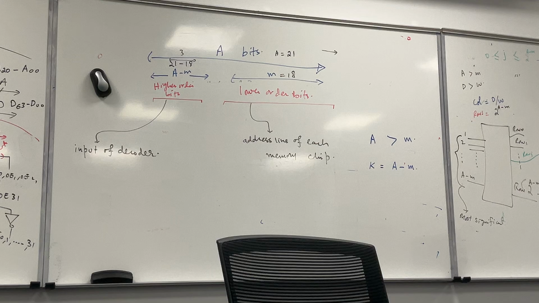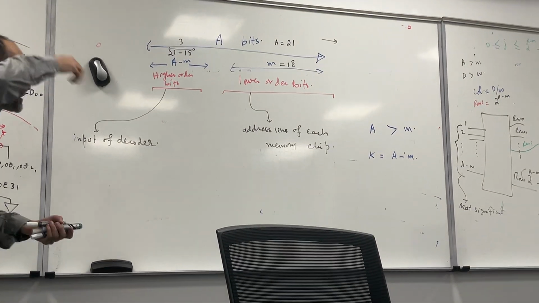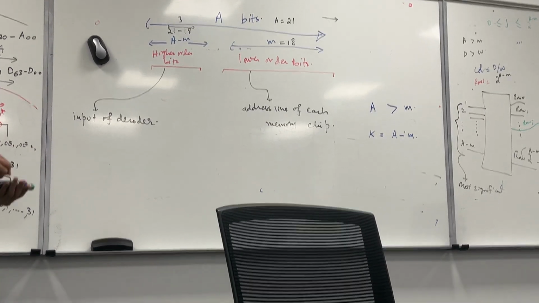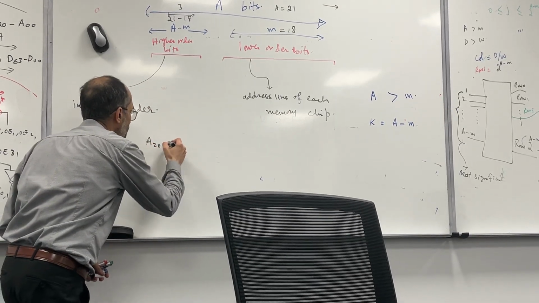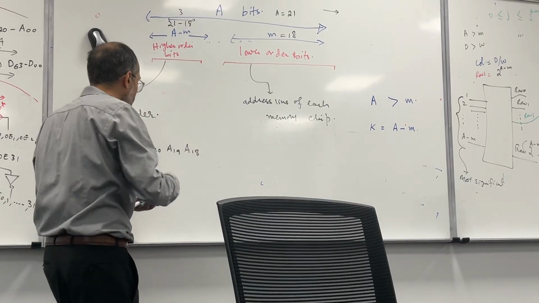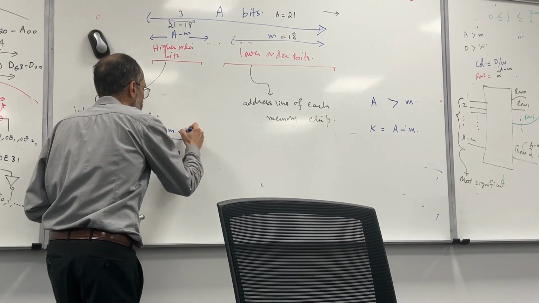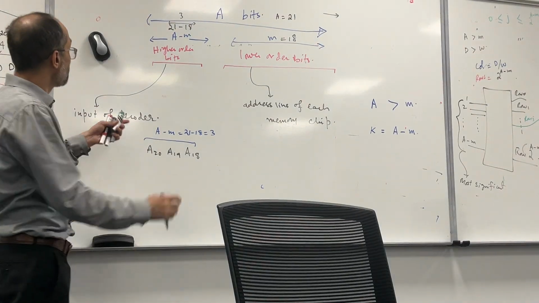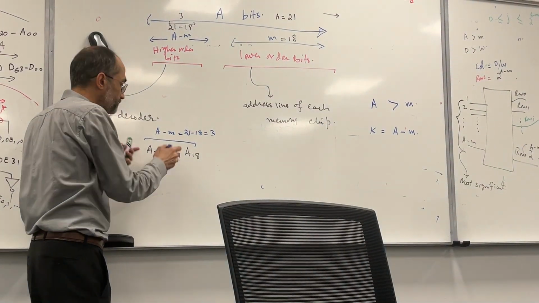So please remember the same example that we did last time. In that case, we had 21 lines: A20, A19, A18. These were the higher order bits, which is A minus M, 21 minus 18, which is 3. These higher order A minus M bits will go to the input of the decoder.